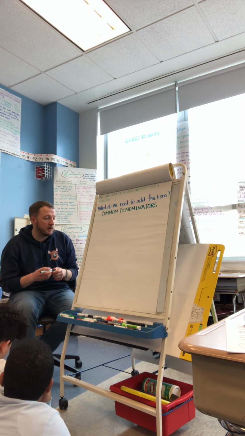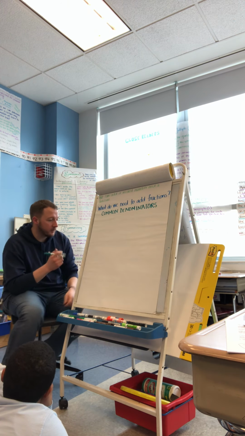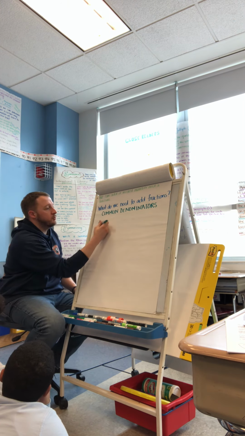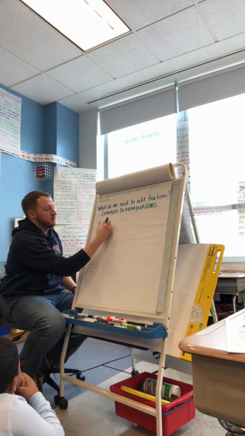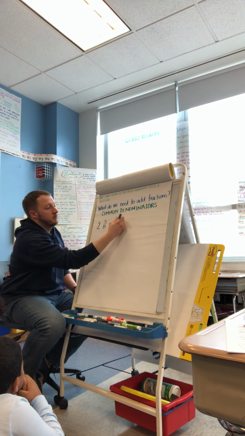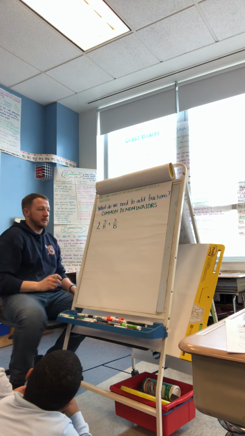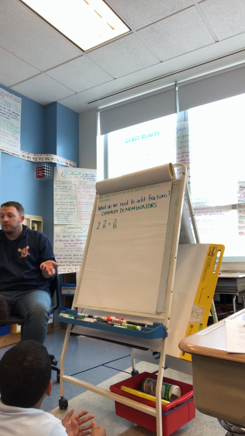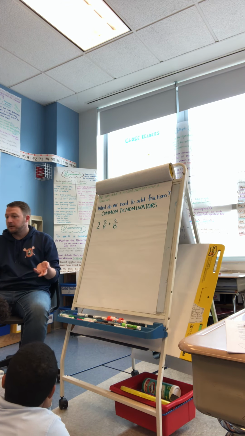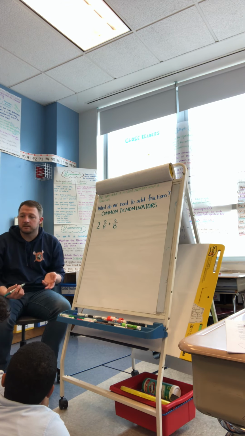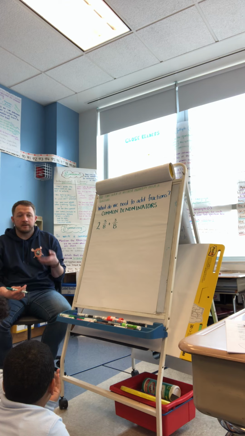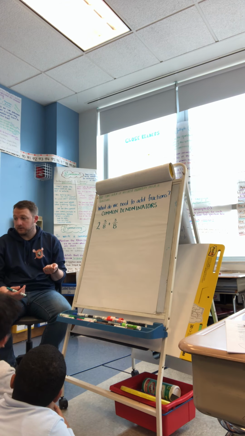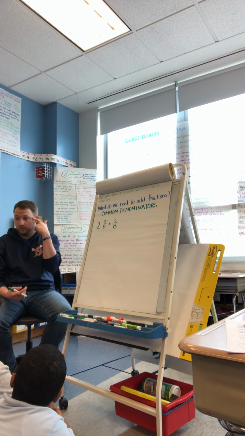So the first one I want to take a look at today is 2 3/8 plus 3/8. Now, do we need common denominators? Do we have a common denominator? Yes. Remember when we started adding fractions originally, I said you have to do your denominator check first, just to always get your brain ready.